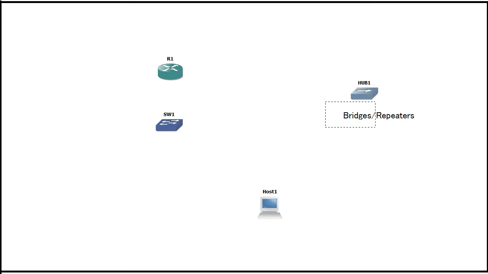A bridge bridges two devices together, so commonly, you can have, let's say, a bridge here just to extend physical distance between two routers that can't be connected, right?